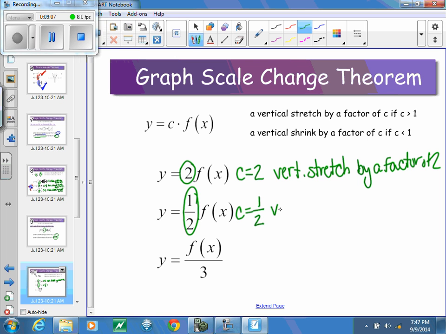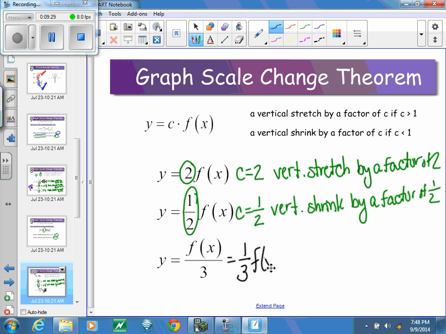And so we're going to have a vertical shrink by a factor of 1/2. And then the last one here, we have f of x divided by 3. So this right here is the same thing as taking 1/3 times f of x. And our value of c here is going to be 1/3. And so we are going to have a vertical shrink by a factor of 1/3.